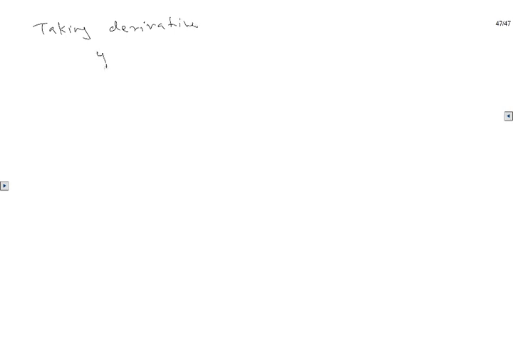we have y prime equals 3 c2 e to the 3x sine 2x plus 2 c2 e to the 3x cosine 2x.